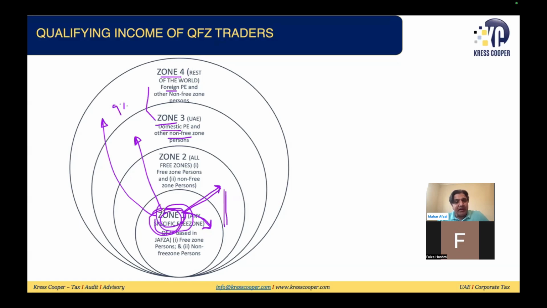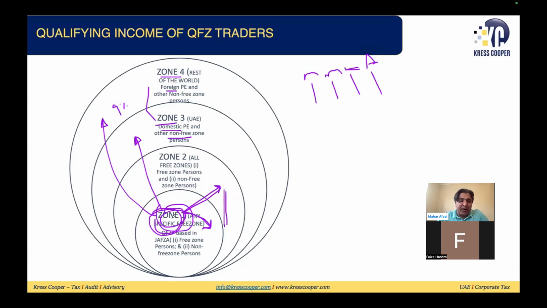And if this trader is selling qualifying commodity, MMEA, that we have already discussed, MMEA stands for mineral, metals, energy, agriculture. So these are the qualifying commodity. These are in the raw form.